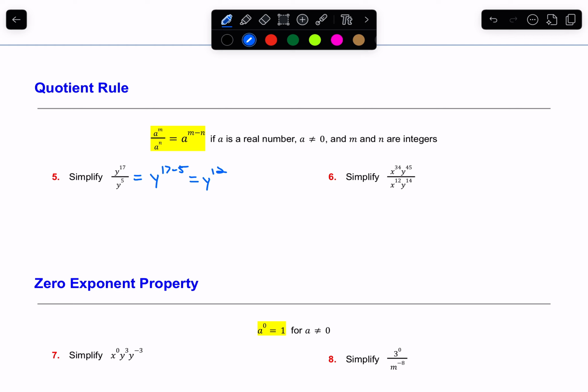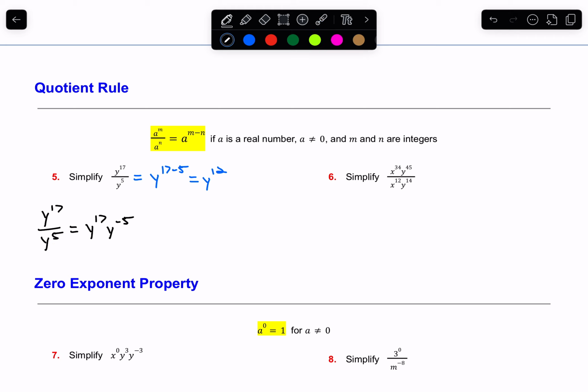But let me show you how we can use the rule of negative exponents to combine this with the product rule and get the quotient rule. Y to the 17 over y to the 5 is equivalent to y to the 17, y to the negative 5. Because when you have this y to the 5 on bottom, you can move it to the top by making its exponent negative instead. So just like before, we could move y to the negative 5 to the bottom and make it y to the positive 5. It also works in reverse. We can move it to the top.